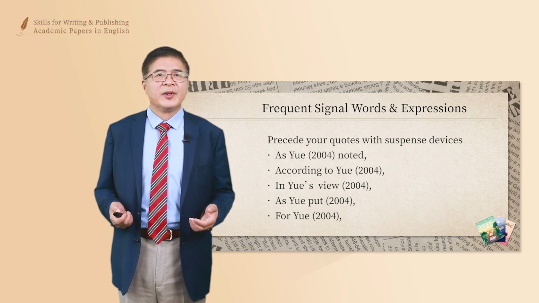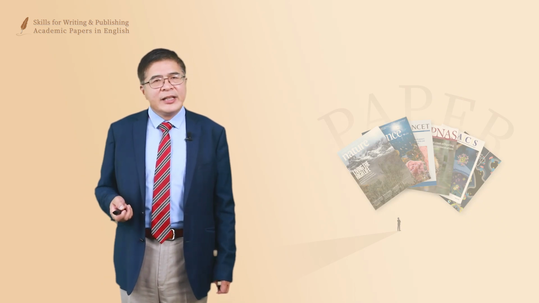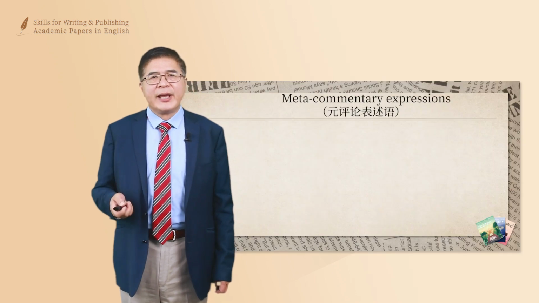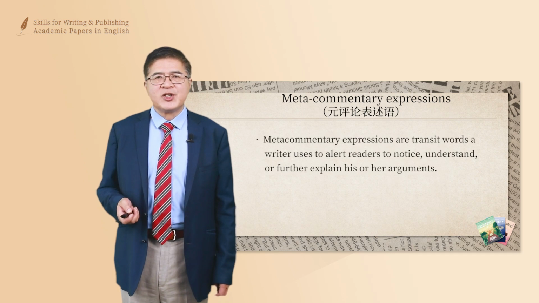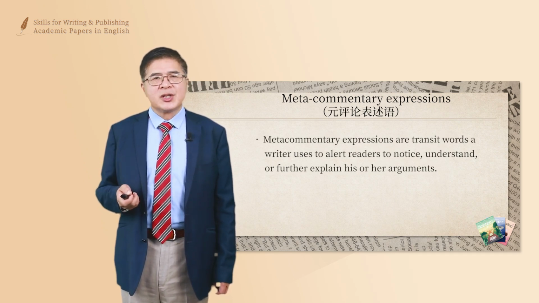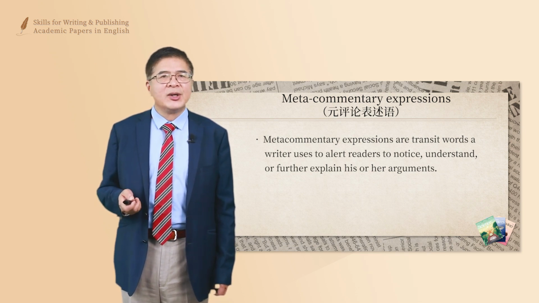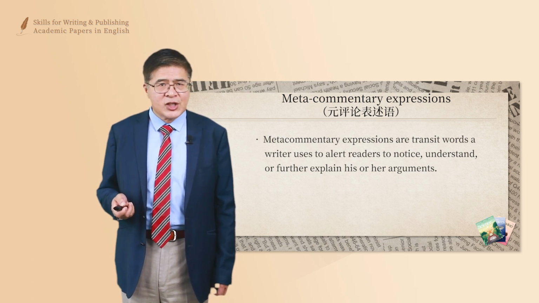The eighth thing a writer needs to keep in mind is what is called meta-commentary expressions. Specifically, meta-commentary expressions are transit words a writer uses to alert readers to notice, understand, or further explain his or her arguments.